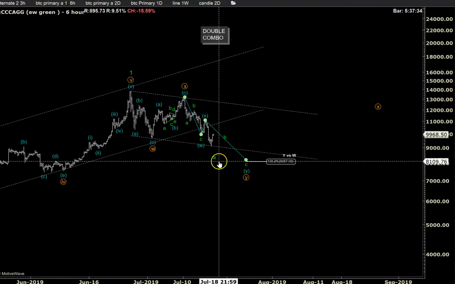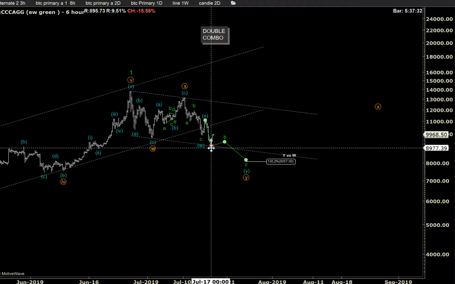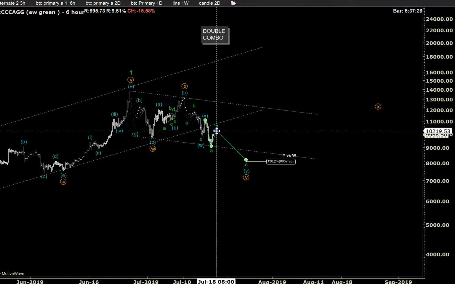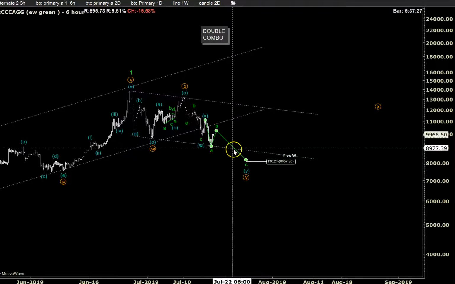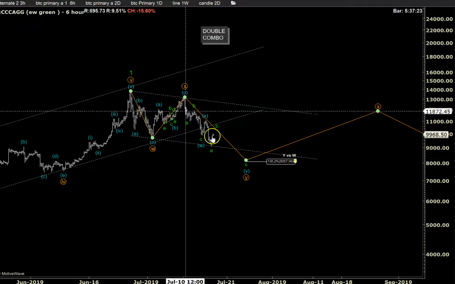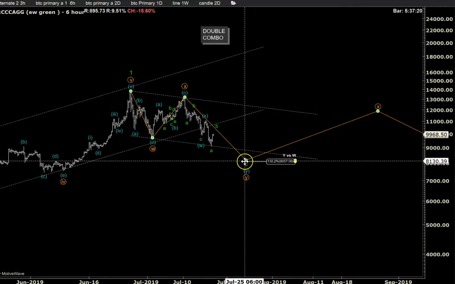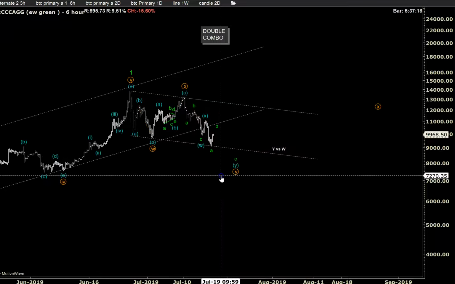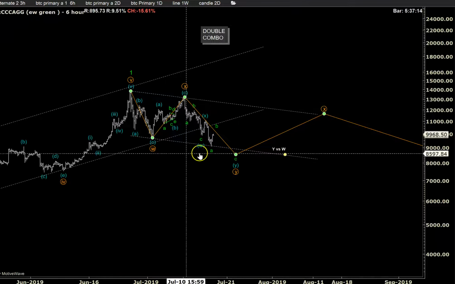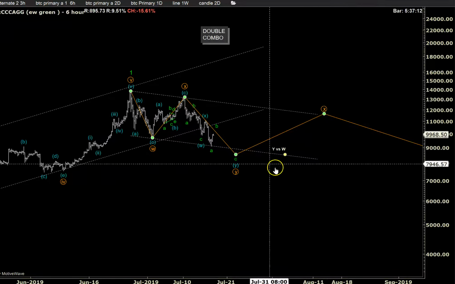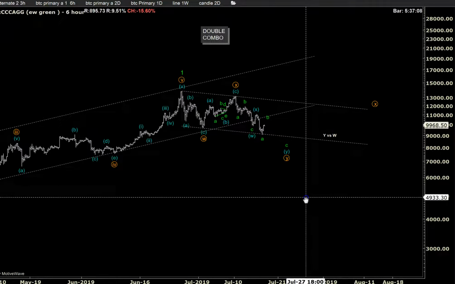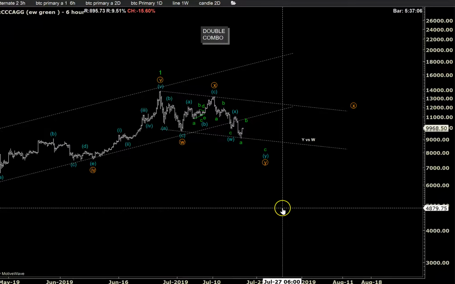If this is the first part, leg A, you're going up in B, and now you're coming back into the C leg, five-wave moves in here, and then you complete this Y. You have some kind of proportionality between the waves. Maybe this can go a little bit higher, and then you go back into a connector wave to an X, and then you go back down again into a Y, which is going to subdivide again into a three-leg move, right? So this is the double combo scenario that I have on here.